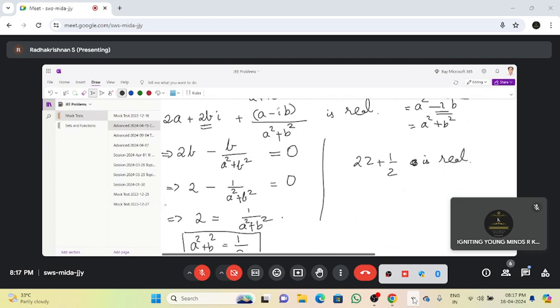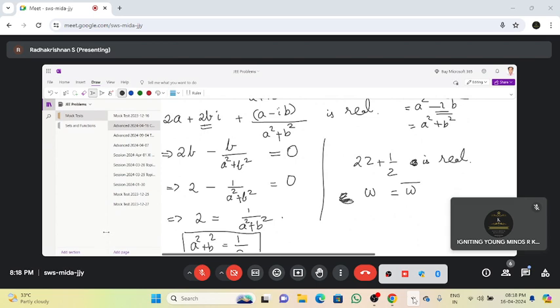If 2z plus 1 by z is real, if a number is real, it means that number is equal to its conjugate. Suppose that this is w. So w equals w conjugate, and then that number will be real.